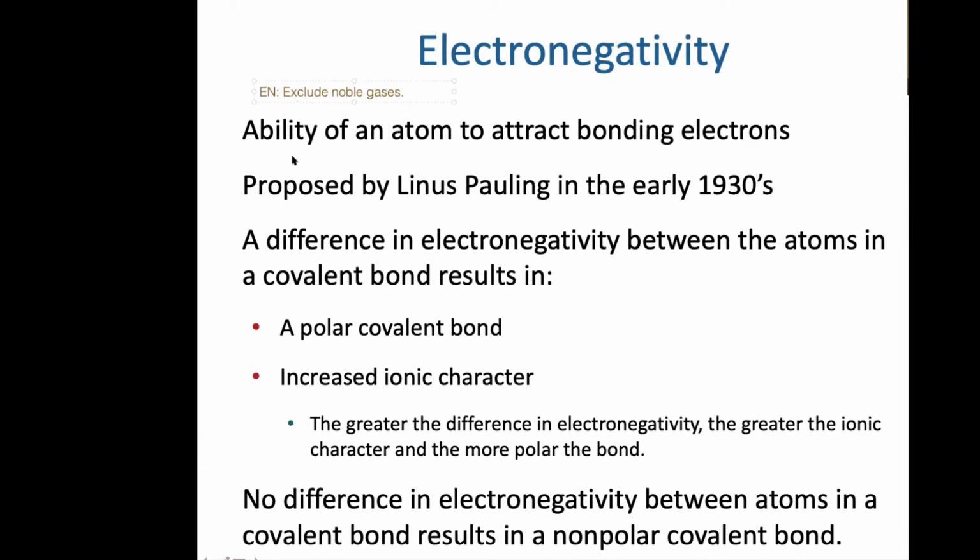We define electronegativity as the ability of an atom to attract bonding electrons. A difference in electronegativity between the atoms in a covalent bond results in a polar covalent bond or increased ionic character. The greater the difference in electronegativity, the greater the ionic character and the more polar the bond. No difference in electronegativity between atoms in a covalent bond results in a non-polar covalent bond.